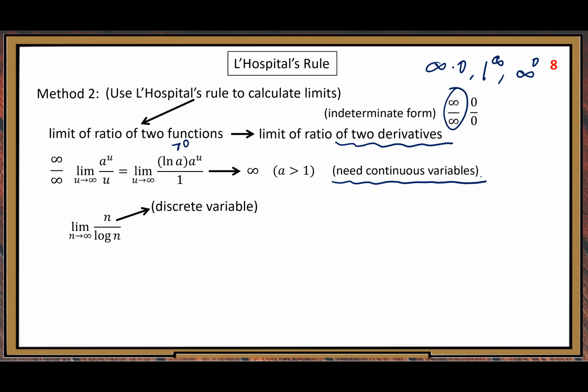The question: maybe it's obvious, but how come in the previous iteration, when we were looking at a^u over u, it wasn't considered continuous? Good question. If we go back to the original functions, they are not continuous, also discrete. But there is an option: we can do this problem on a continuous variable, then go back.